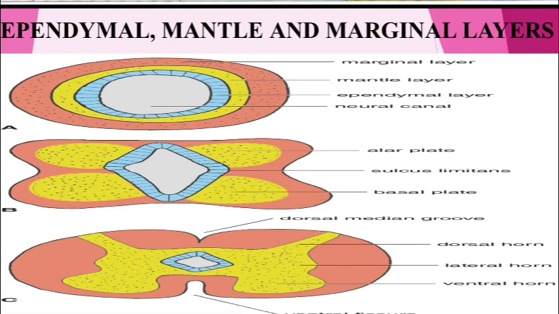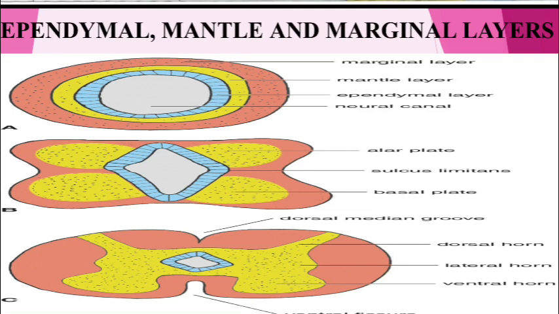The mantle layer differentiates to give you the alar plate and the basal plate, which eventually will form the gray matter of the spinal cord. The alar plate will differentiate to give you the dorsal horn, while the basal plate differentiates to give you the ventral horn.